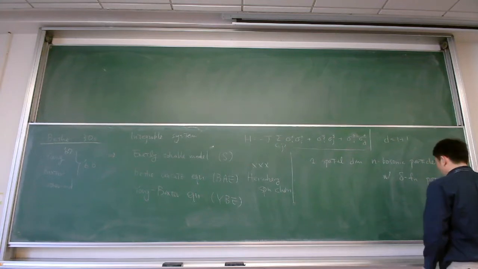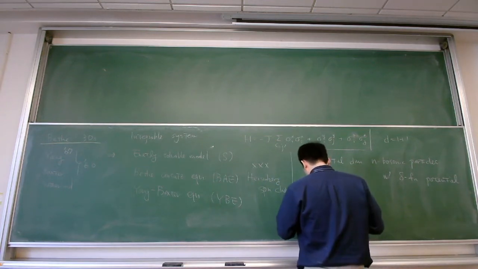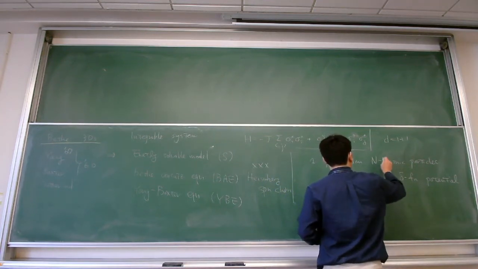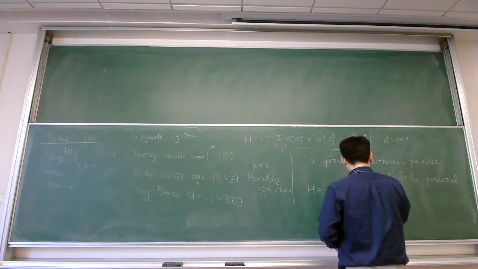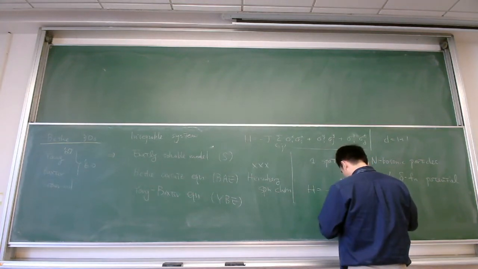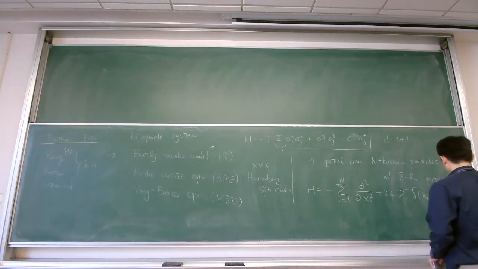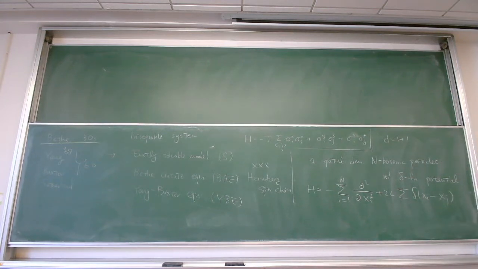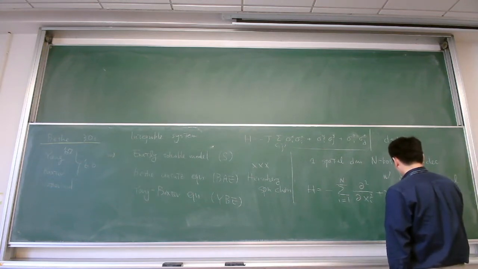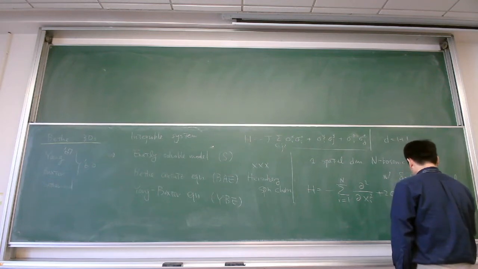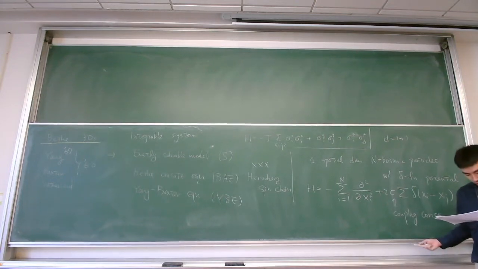This is what we consider as the basic setup. The Hamiltonian is given by minus the sum of second derivatives in x_i, plus a delta function potential, where c is some coupling constant. This kind of Hamiltonian we will consider.